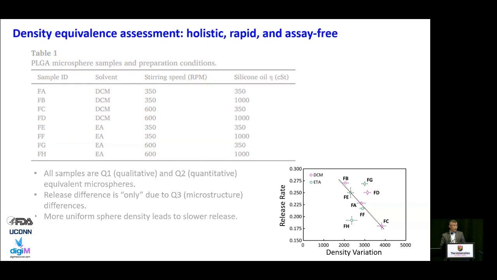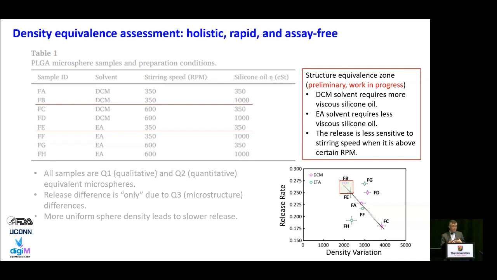Now, with these correlation trends and these formulations that were designed to be different, how does it assist us in the equivalence assessment? So this is a structural equivalence zone, and this is currently still preliminary work in progress. We are looking at this zone where these 2 formulations lead to most pertinent agreement with the release profile, which we actually published in the paper.